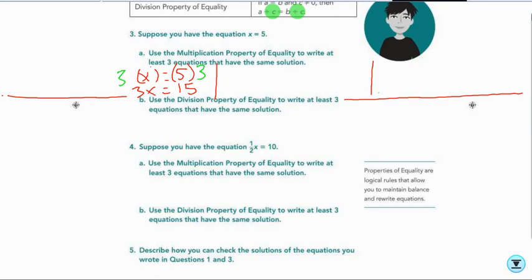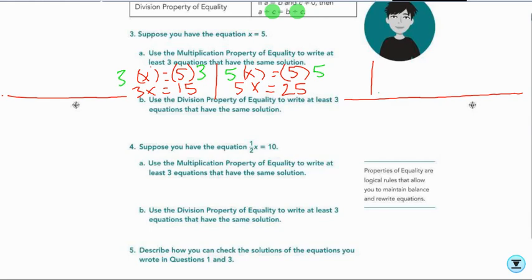I could do another problem, and I could put x equals 5. And then if I multiply, let's say, times 5 on both sides, this is going to give me 5 times x is 5x, which is equal to 25.